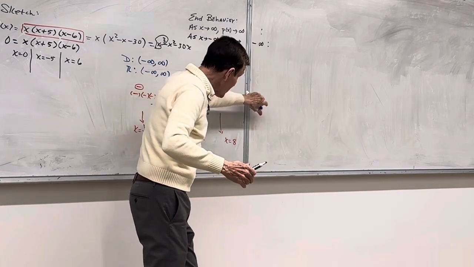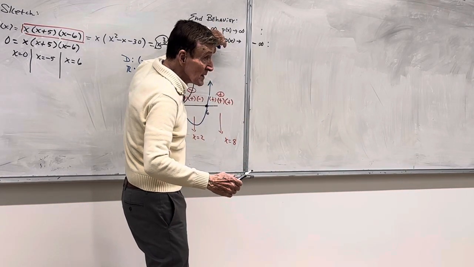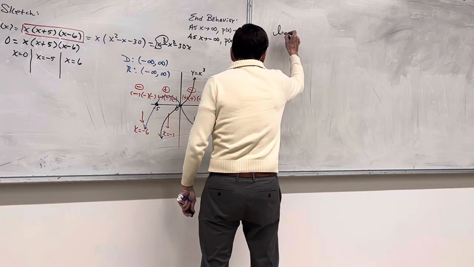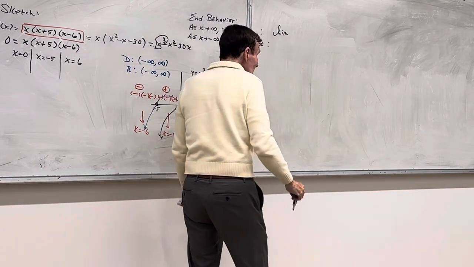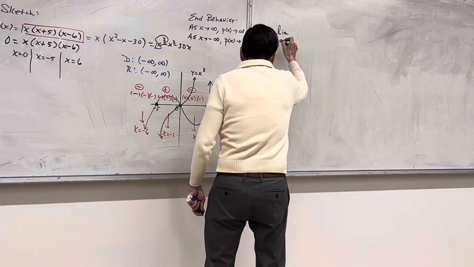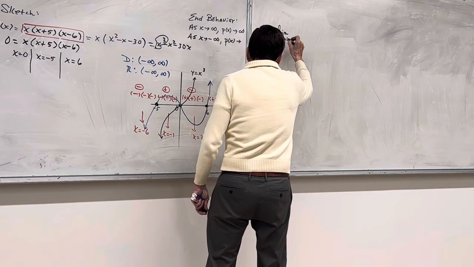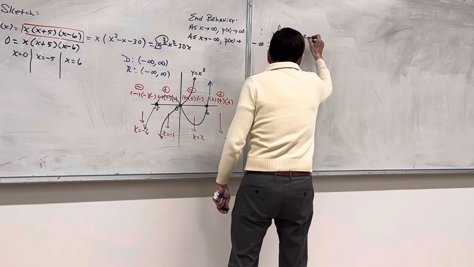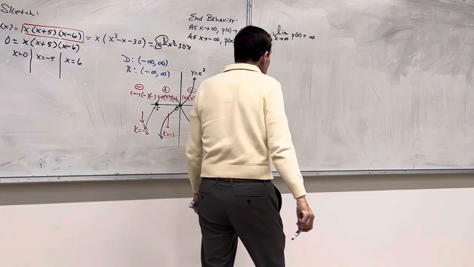So it's increasing here, increasing here. The way we write this in calculus is the limit, as x gets large of this function, it also gets large.